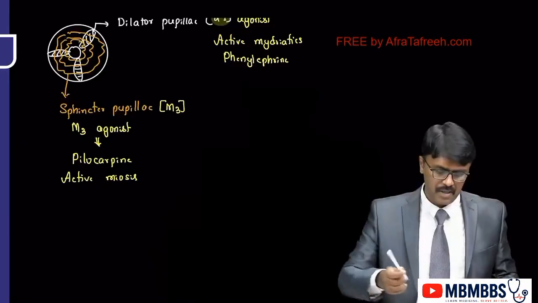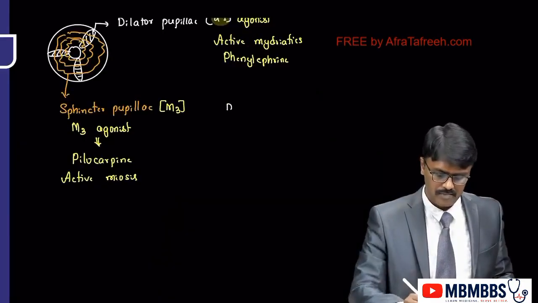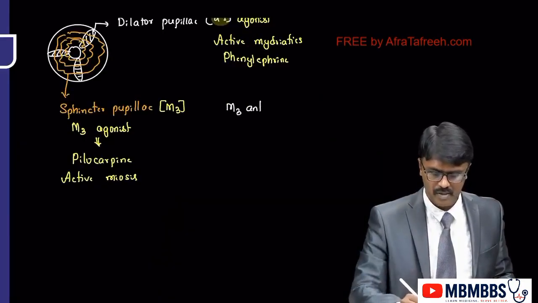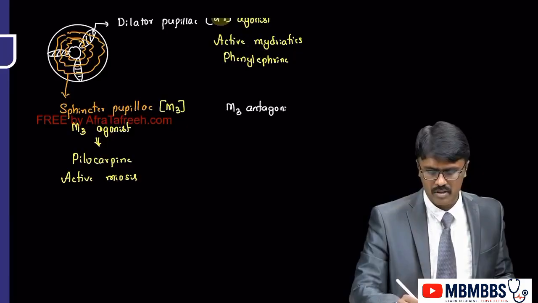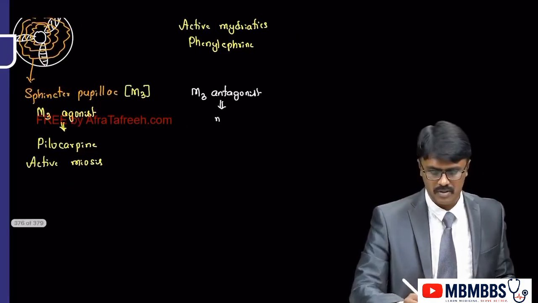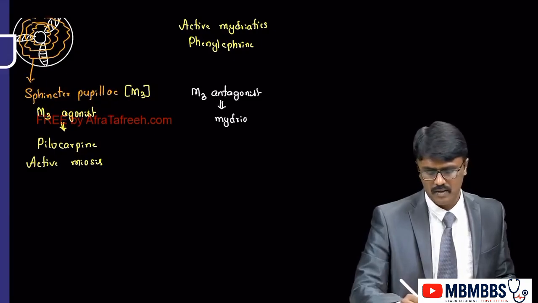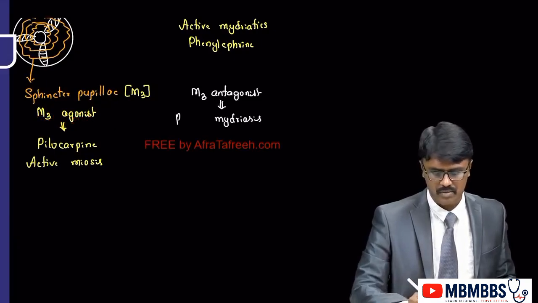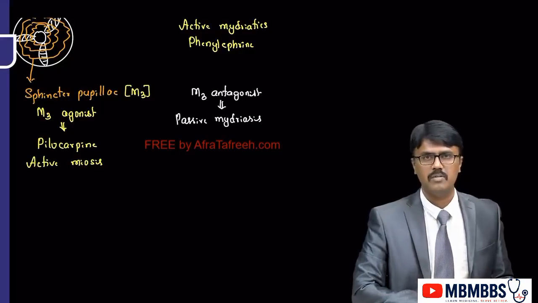So if I use an M3 antagonist, it produces passive mydriasis.